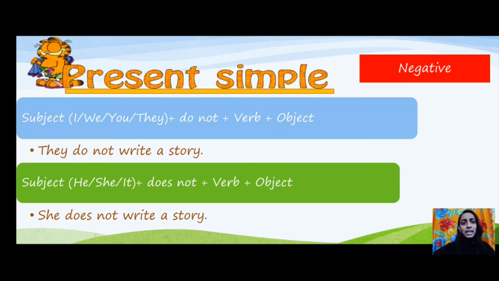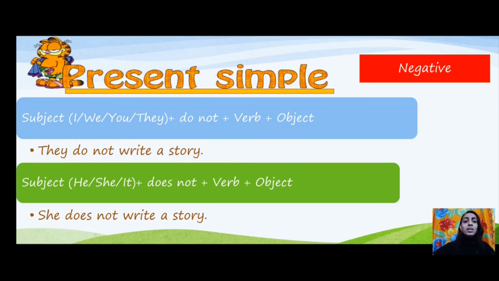As we already discussed earlier, with the plural subjects we use the auxiliary verb do, and with the singular subjects he, she, it, we use the auxiliary verb does, right? And remember, in negative sentences we always add not after the auxiliary verb. We shall understand this with the help of the structure and an example.